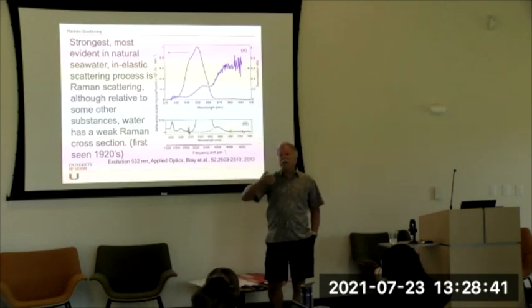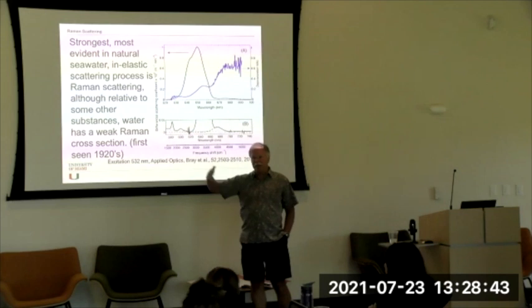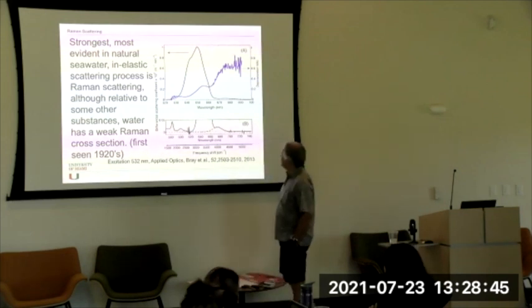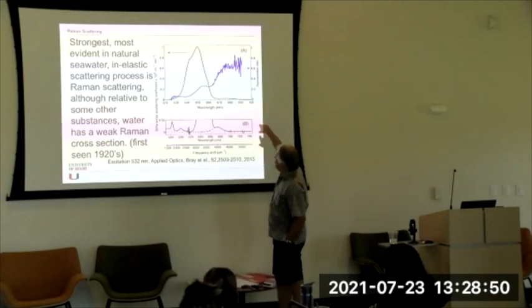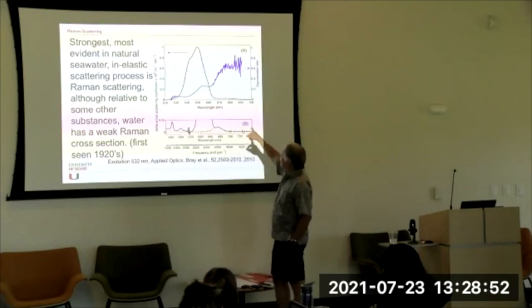So it's taking light at the blue and shifting some of that energy over into the red region. The black line is the spectrum of the light that would come out in the red.